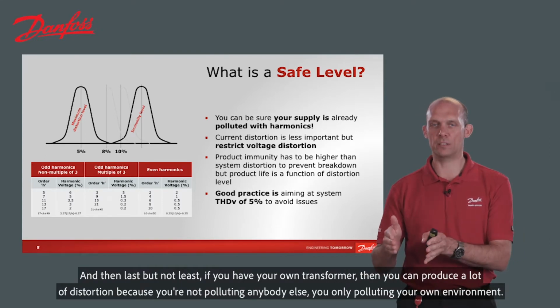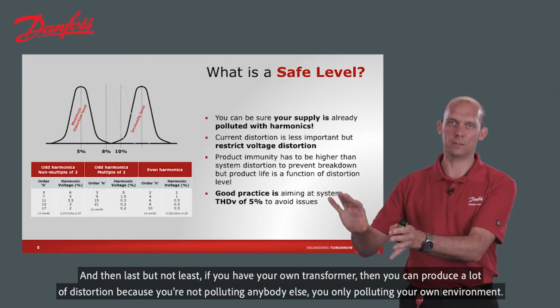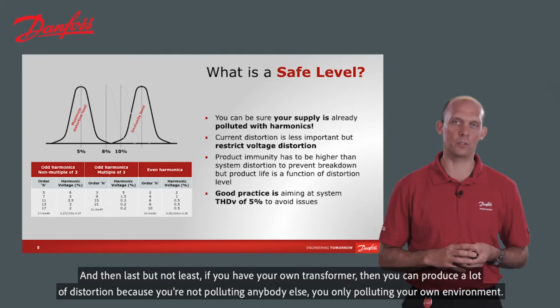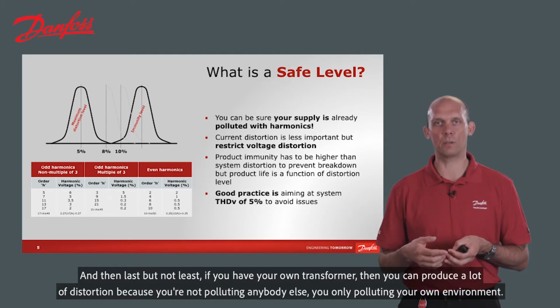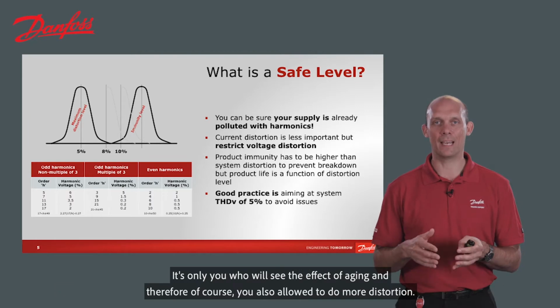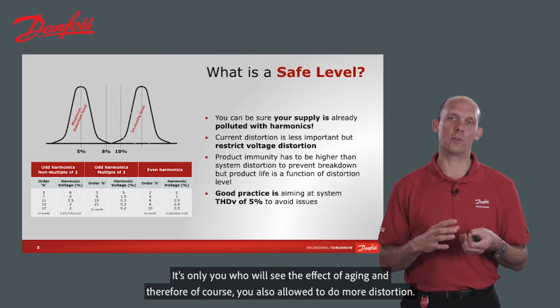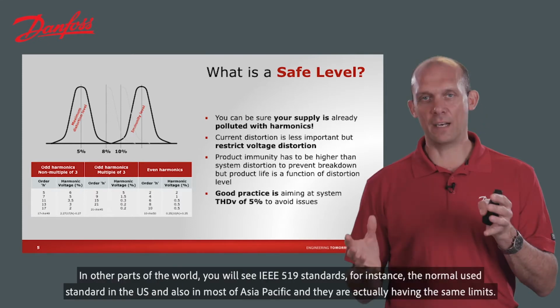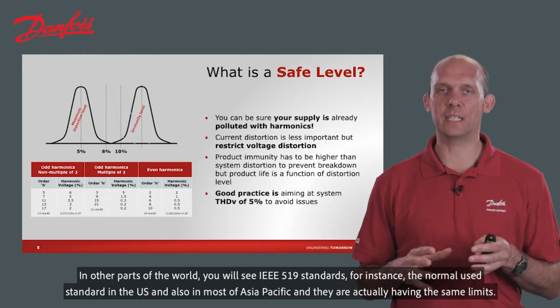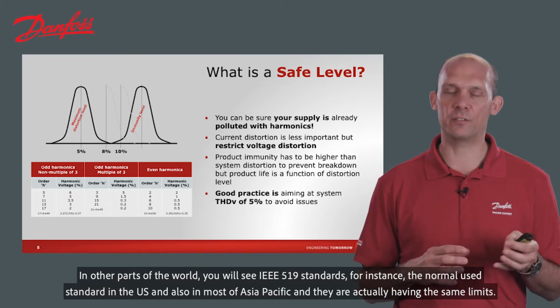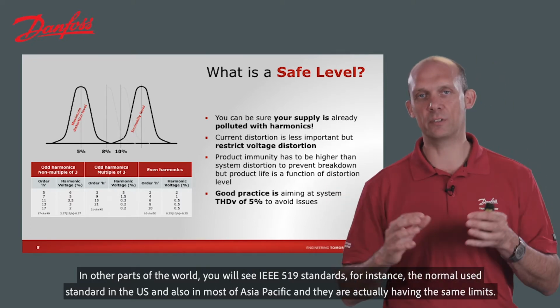And then last but not least, if you have your own transformer, then you can produce a lot of distortion because you're not polluting anybody else, you're only polluting your own environment. It's only you who will see the effect of aging, and therefore of course you're also allowed more distortion.